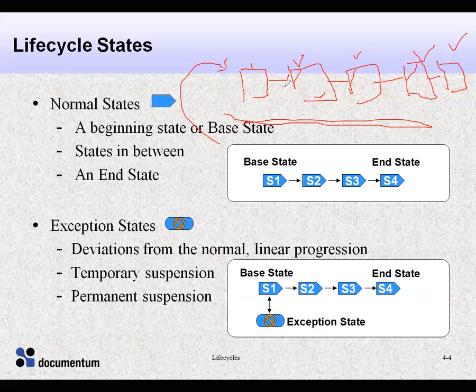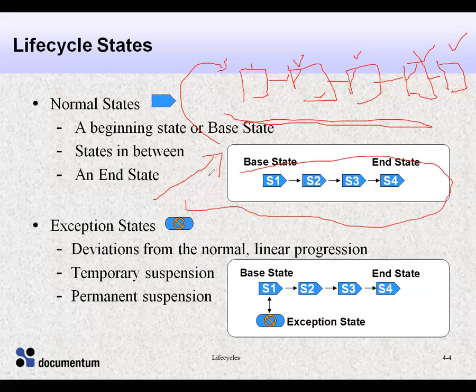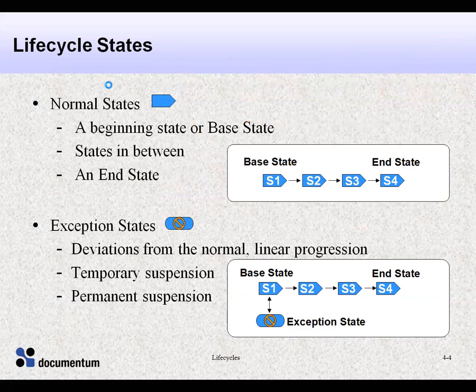Based on the entry criteria, we perform some actions so that the document can move into another state. This whole process happens automatically, passively, with no intervention. It happens internally in the system. So when you want such kind of automation, we can go for the life cycle.